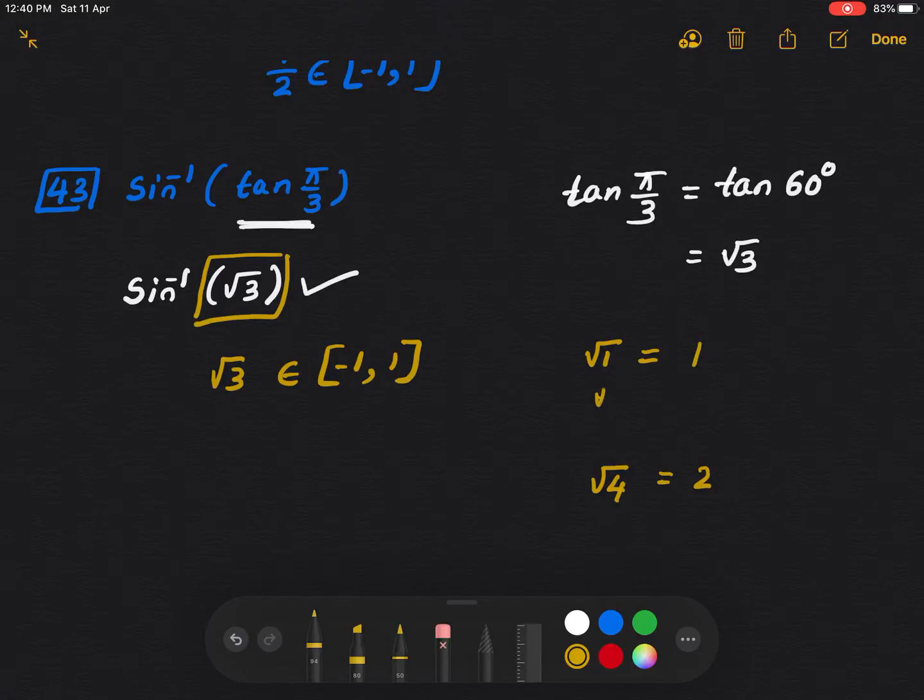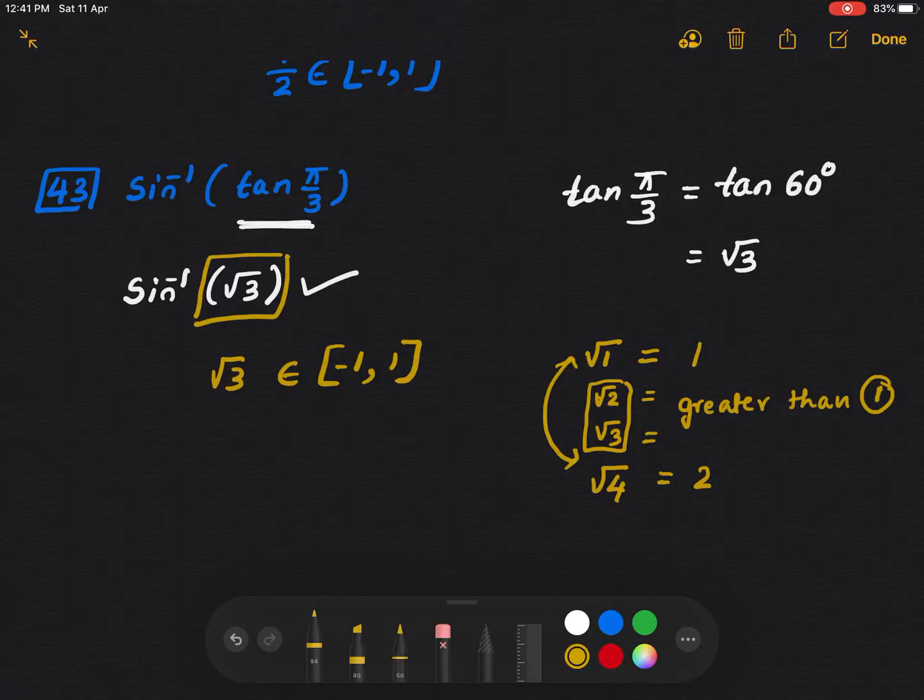Where is √2? √2 and √3 lie in between √1 and √4. So what will be the value? Just do the estimation. The values of √2 and √3 are greater than 1. So √3, its value is out of the domain, greater than 1.